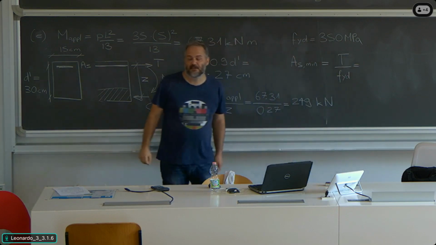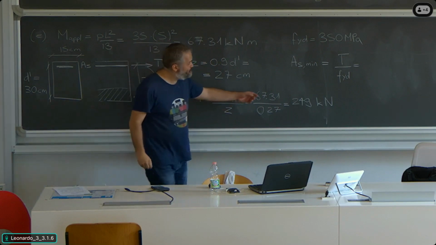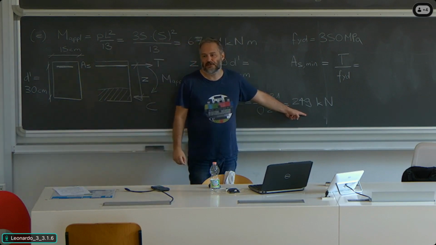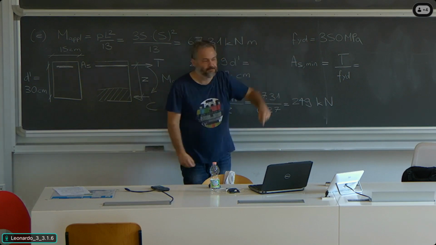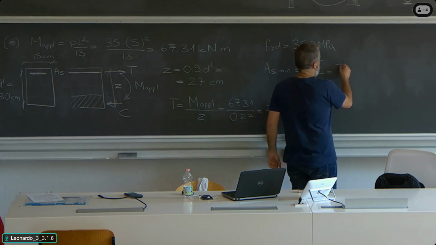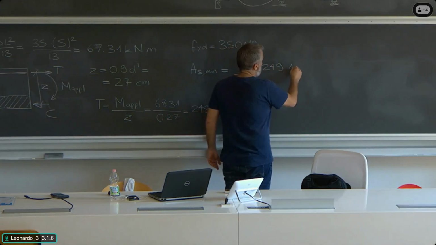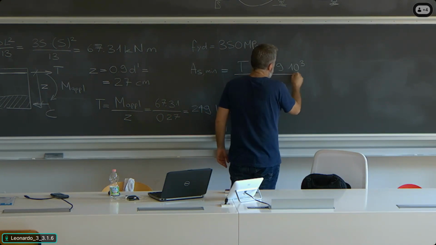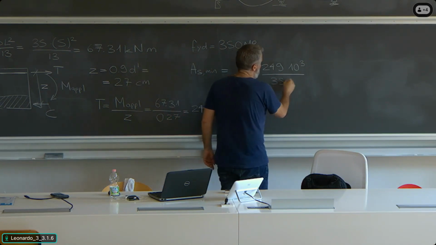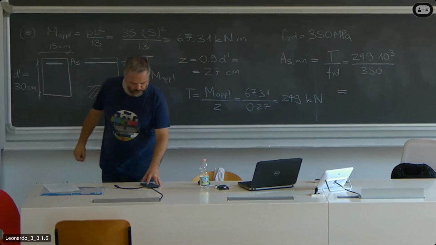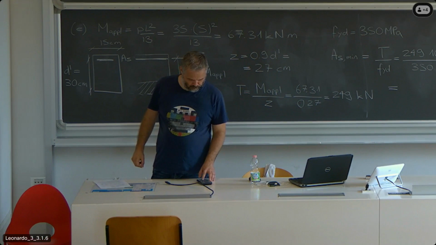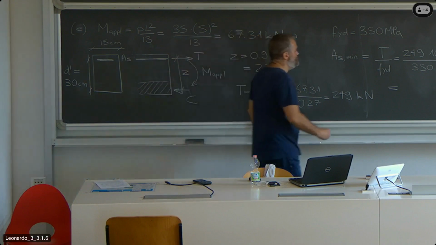To get the dimensions right, you have to transform the kilonewtons into newtons, because megapascals are newtons over square millimeters. So 249 multiplied by 10 to the power of 3 divided by 350. This is equal to what? 711 square millimeters.